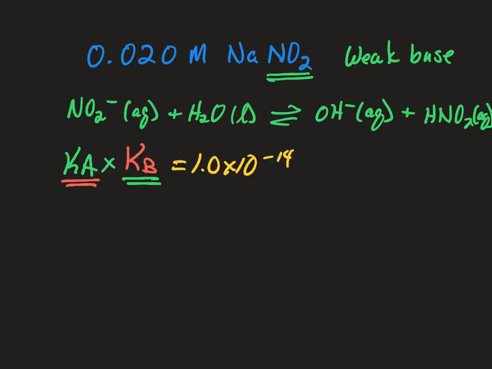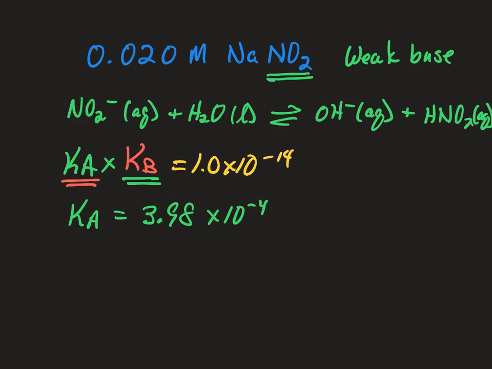So here we are with our essential information. We found earlier that our Ka for nitrous acid was 3.98 times 10 to the minus 4.